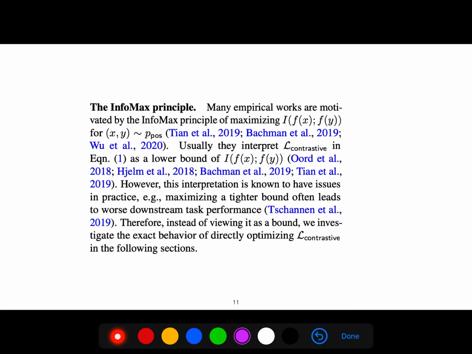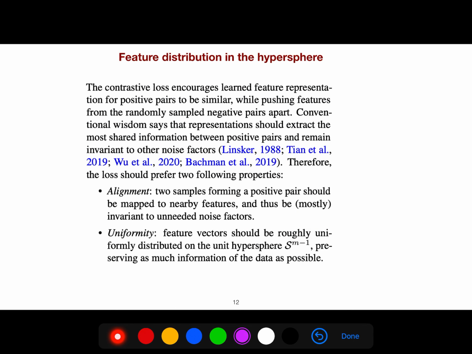And many empirical works are motivated by the InfoMax principle of maximizing the mutual information between f of x and f of y. Usually they interpret this contrastive loss as a lower bound of that mutual information, which has a nice theoretical justification.